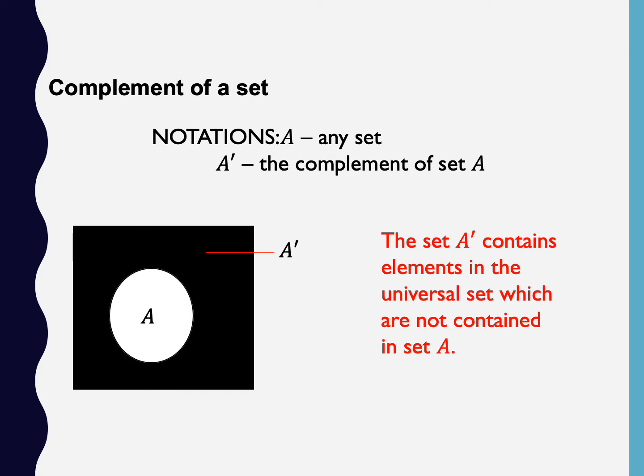Next, the complement of a set is a set that contains the elements in the universal set which are not contained in a given set. For example, the complement of set A, denoted by A prime, consists of the elements that are not included or not contained in set A. Consider the universal set U that contains these elements.